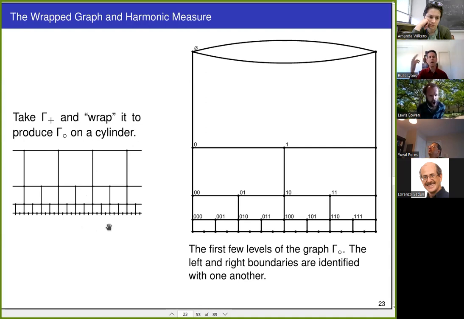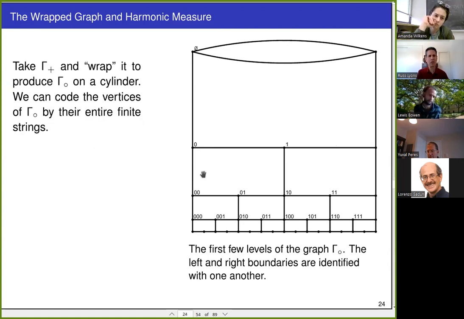And so we'll take the quotient by that, wrap it on a cylinder, and you get this graph, which I call gamma circ. So this point is going to be identified with this point, and there's 2 ways to get to it. So at the top, this left side and the right side are identified with each other. So these 2 vertices are the same, and these are 2 loops. But then over here, this goes back to itself, and so on. So that's this new graph, gamma circ.